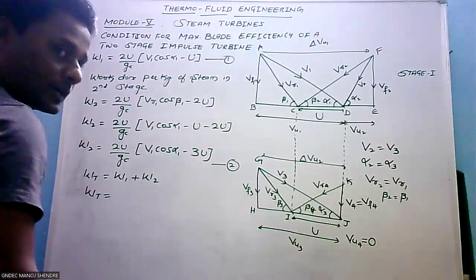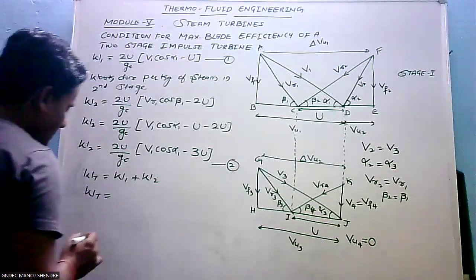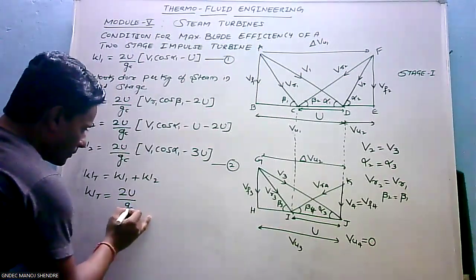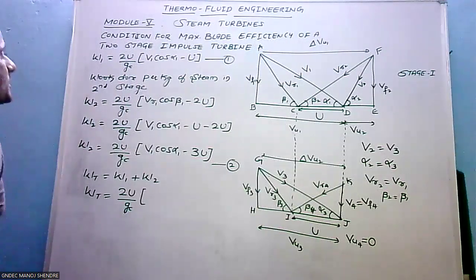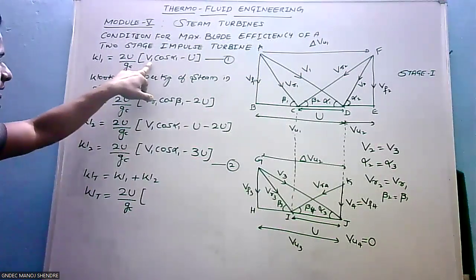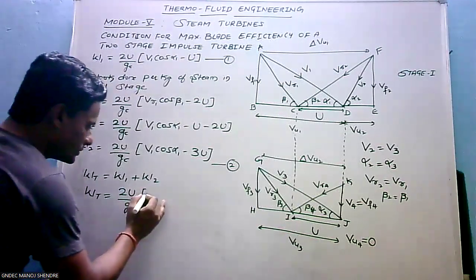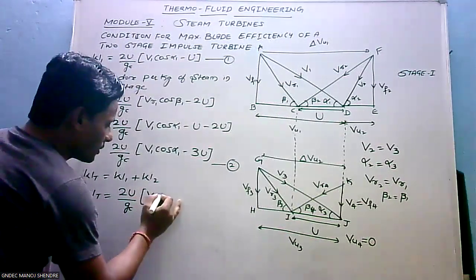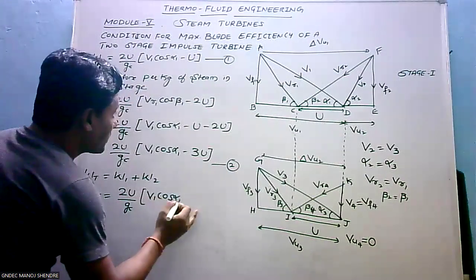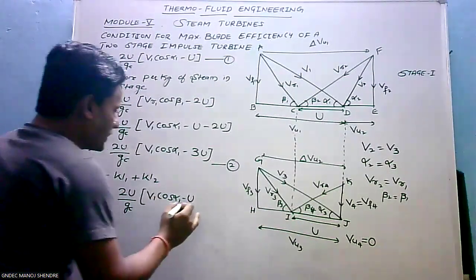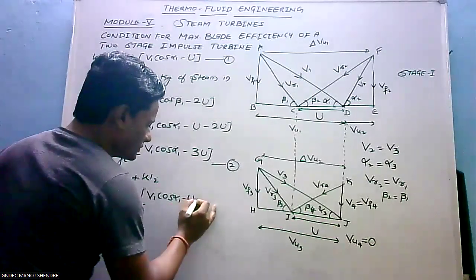Let me take it outside the bracket. 2U by GC into what is the remaining term inside the bracket? V1 cos alpha 1 minus U plus V1 cos alpha 1 minus 3U.